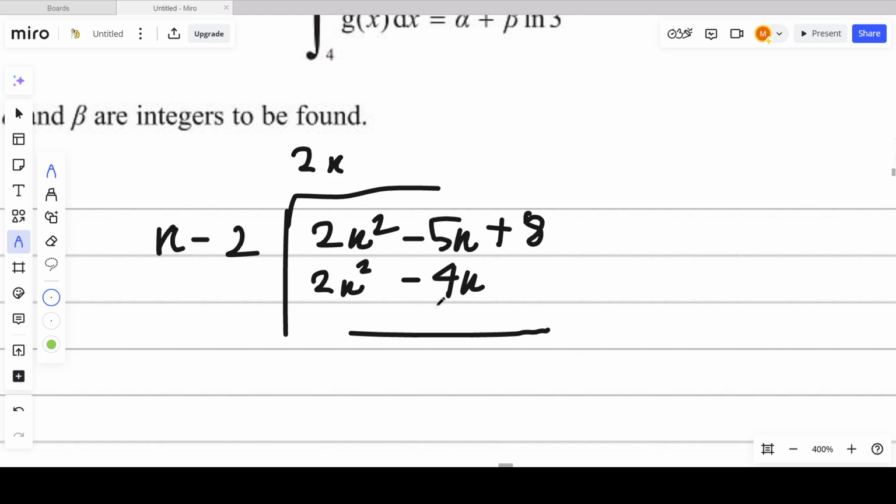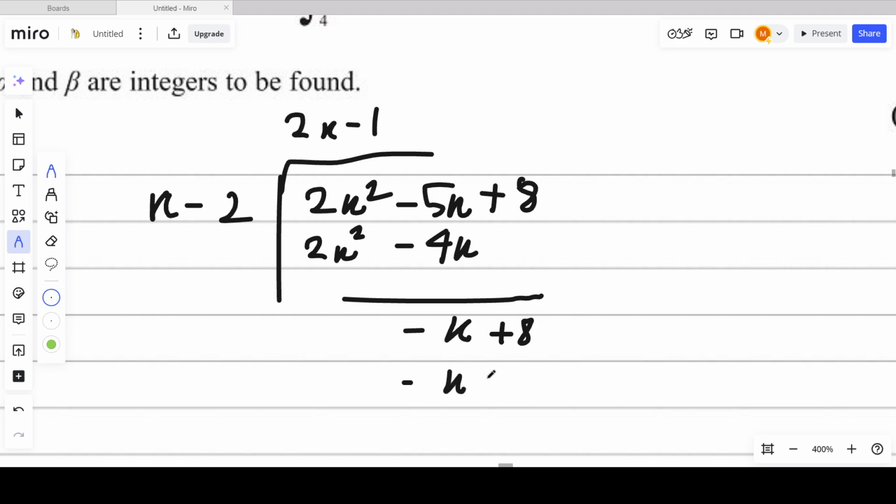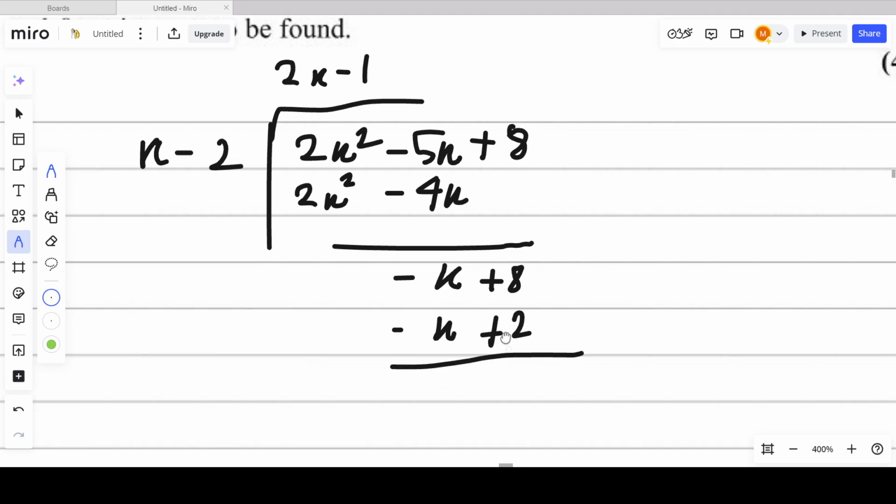Now what will we get as the remainder? Negative 5x plus 4x, that would be negative x plus 8. Since the divisor has 2 terms, we need to have 2 terms in the remainder. So negative x plus 8. What can we multiply here? Negative 1. So we get negative x plus 2, and 8 minus 2 is 6.